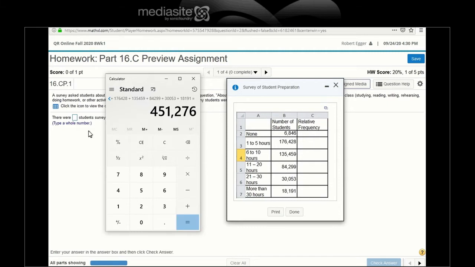What appears to be 451276. Trying to do it all manually.